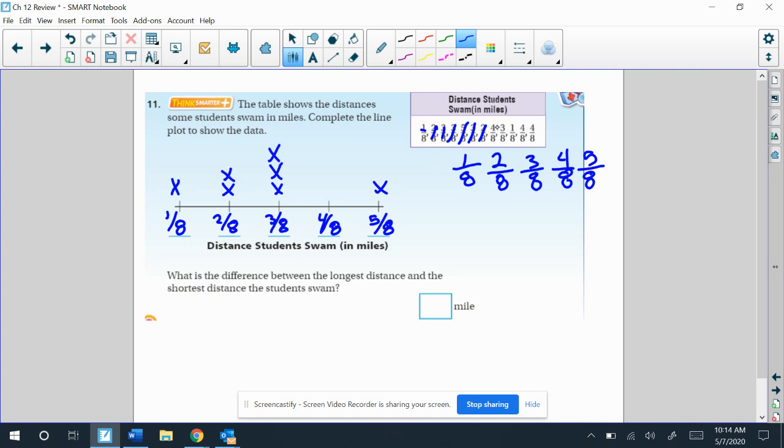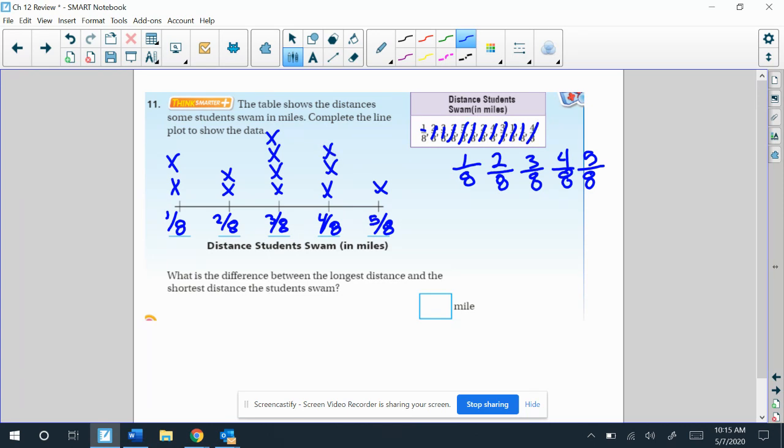Just do it one after another. 4/8, 3/8. If yours is not looking like mine, fix it now. And 4/8, 4/8. There we go. I've used all those numbers.